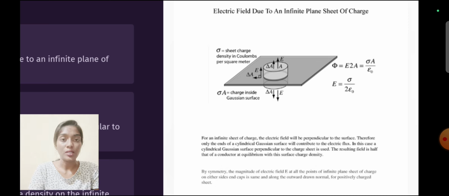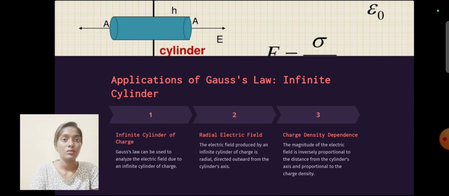By symmetry, the magnitude of the electric field E at all the points of the infinite plane sheet of charge is the same on either side, through the end caps and along the outward drawn normal for a positively charged sheet. Applications of Gauss law. Infinite cylinder. Infinite cylinder of charge.